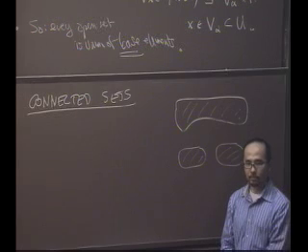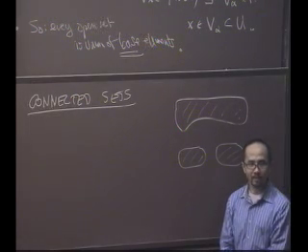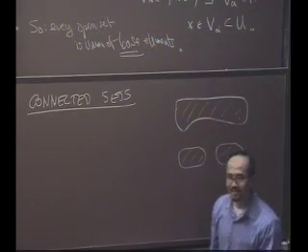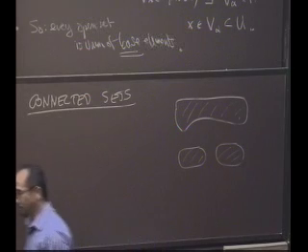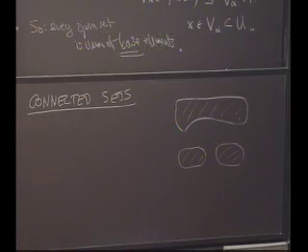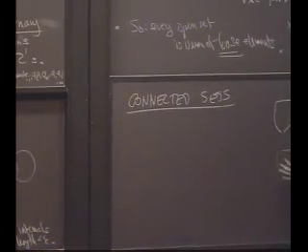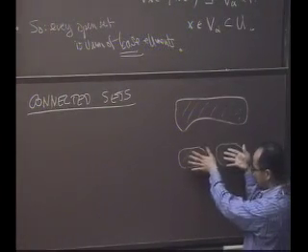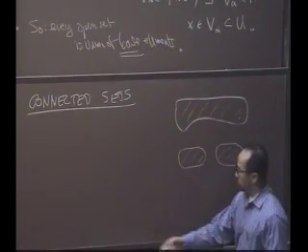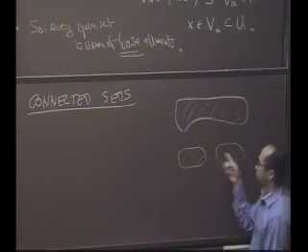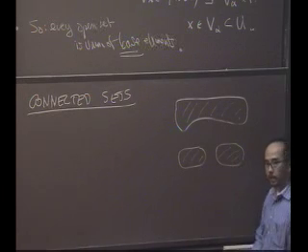Not connected, right? Why? How do we make that notion precise? Well, it turns out it's a lot easier to say what's not connected than to say what is. And I'll show you why. What's true about this set not being connected? Well, somehow I can separate one from the other, right? Yes.